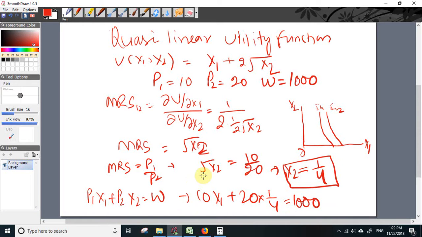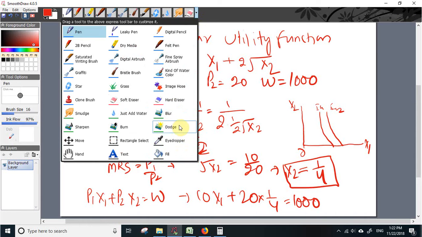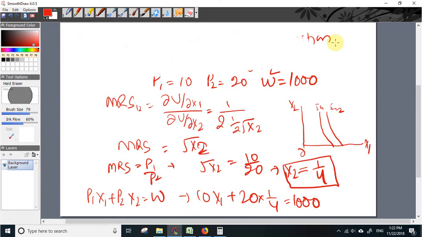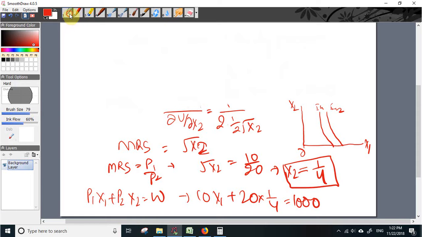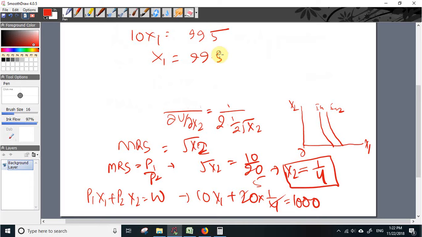From this we can find the value of x1 by simplifying. 10 x1 is 1000 minus 5, so this is 995. So x1 is 99.5.